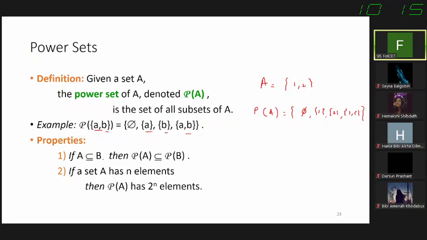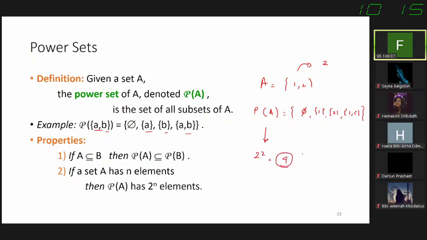The properties: if A is a subset of B, then the power set of A is a subset of the power set of B. If a set A has n elements, then the power set would have 2 to the power of n elements. It's pretty simple. How many elements do we have in the set? We have 2 elements. So the power set of A, how many elements do we have? 2 to the power of 2.